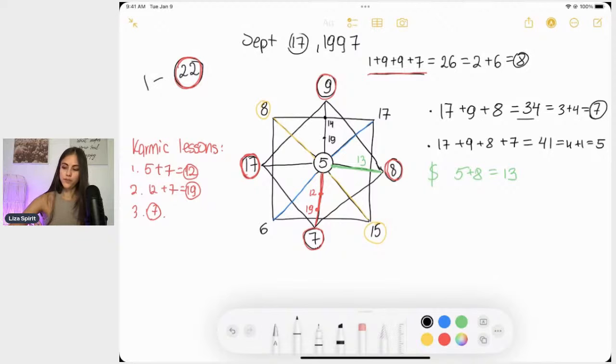What else are we missing here? This line in general is very important, and I will explain why in a bit. Let me finish putting the numbers in.